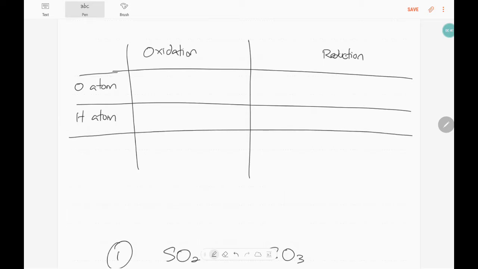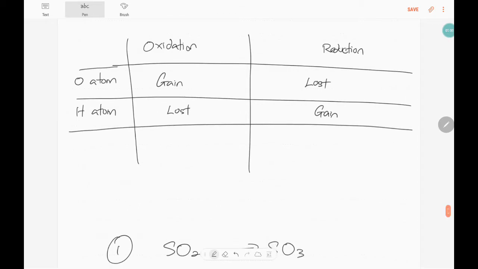So remember that when we talk about oxidation, we are referring to the gain of oxygen atom, and for reduction, it would be the loss of oxygen atom. For oxidation, it's the loss of hydrogen atom, and for reduction, it will be the gain of hydrogen atom. So it will be the opposite, right?